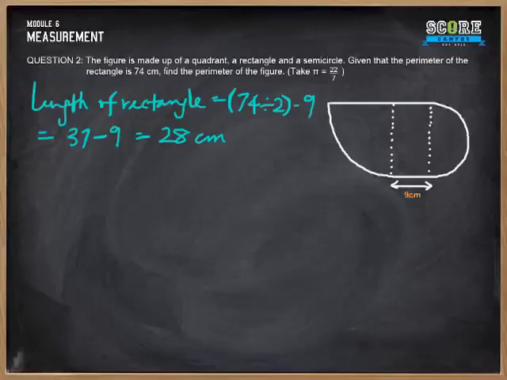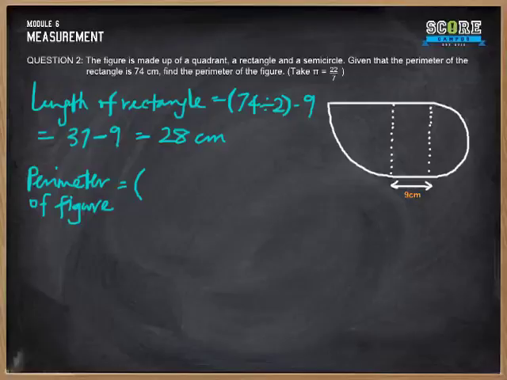So let's write it down. Perimeter of figure. Let's set up the formula. Arc of quadrant. A full circle is 2 pi r, right?